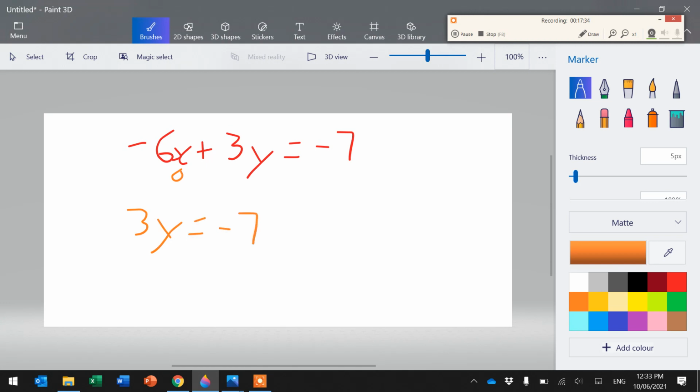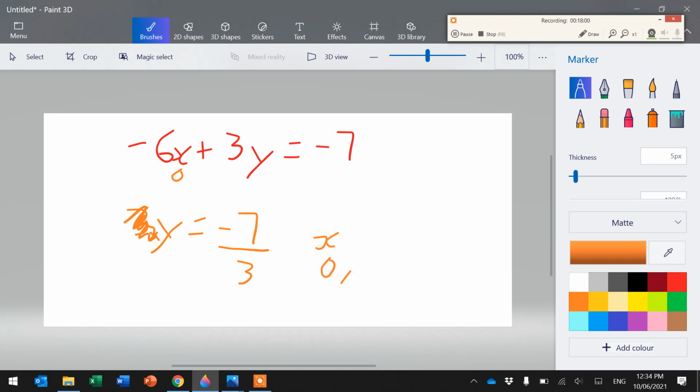Because y is multiplied by 3, we're going to do the opposite, which will be divide both sides by 3. So it will end up being minus 7 over 3, and it will equal y. So that's our y-axis value when our x value is 0.